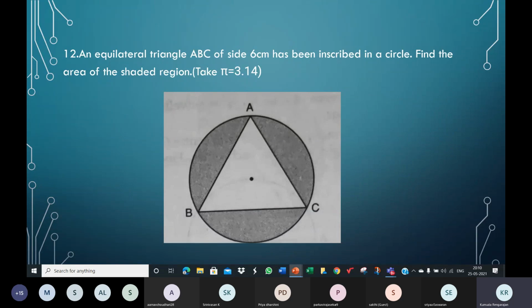Parkavi, the earlier one you have asked me if it is right. Yes, so you're right. But one thing is, radius is 2 root 3. There you should not use the value of root 3 as 1.732. That's the correction.